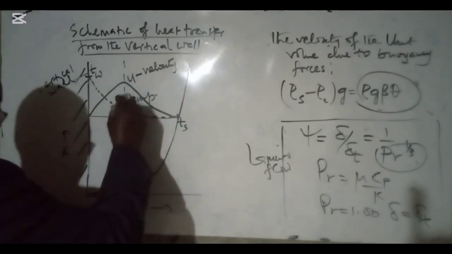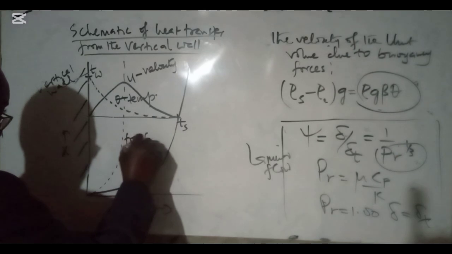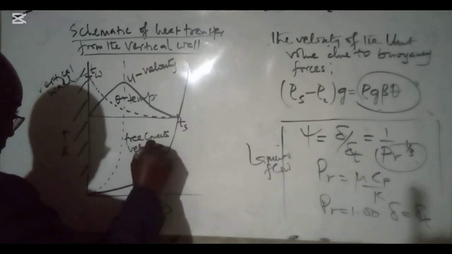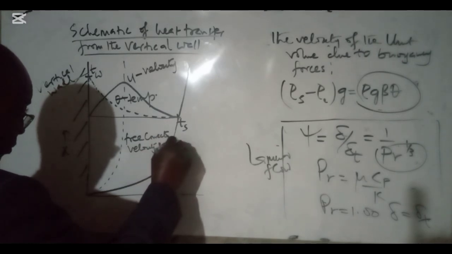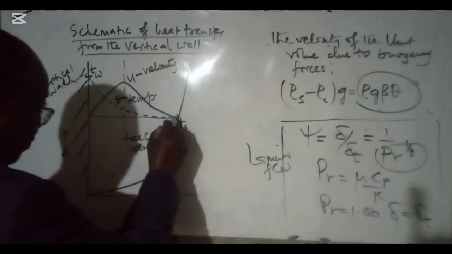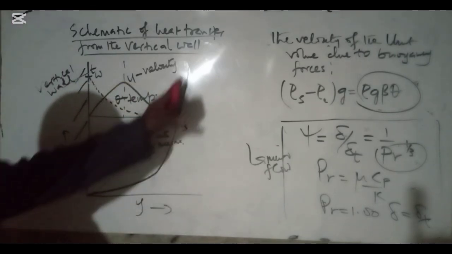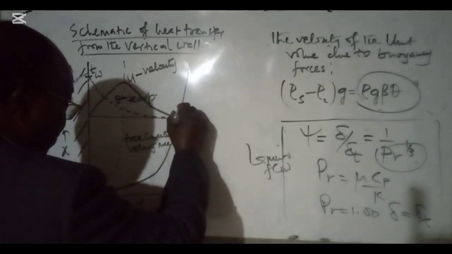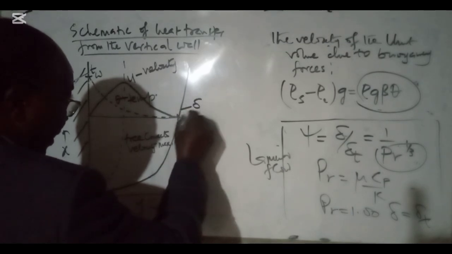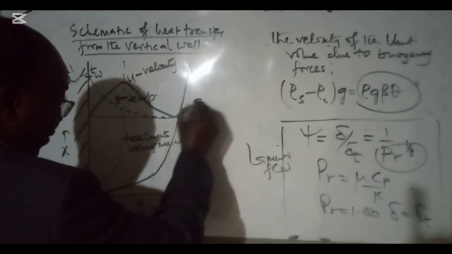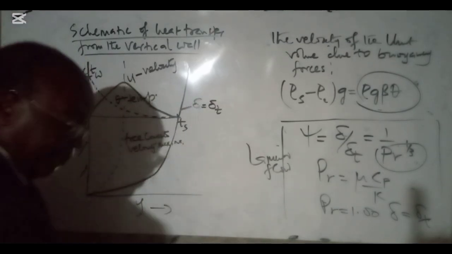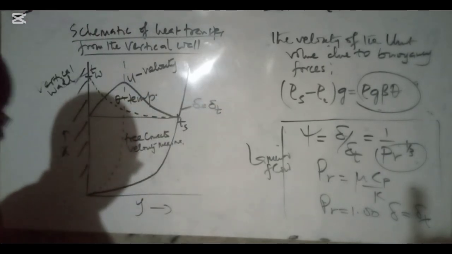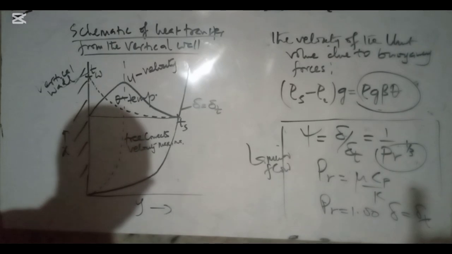So we have this free convection velocity maximum. And then, of course, it will be 0 at the edge of the boundary. And at this edge, we are saying that the thicknesses for the velocity and the thermal boundary layers are the same.